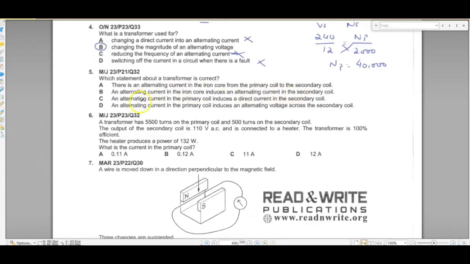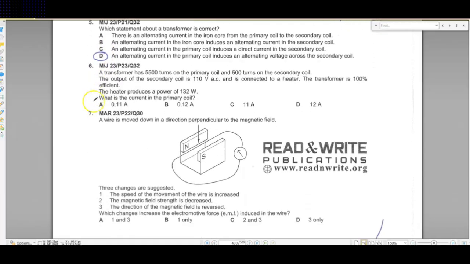An alternating current in the primary coil induces a direct current in the secondary coil. An alternating current in the primary coil induces an alternating voltage across the secondary coil. Yes, this is the correct option. Question number 6.